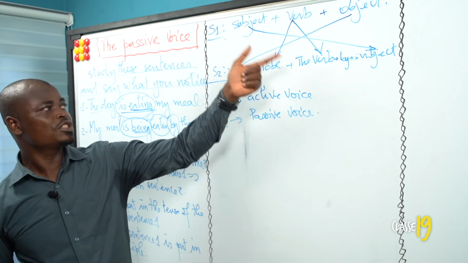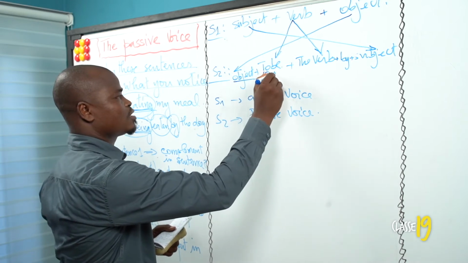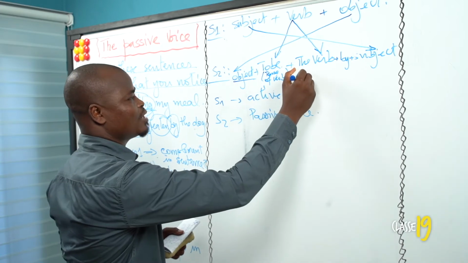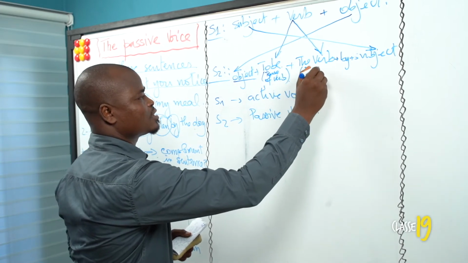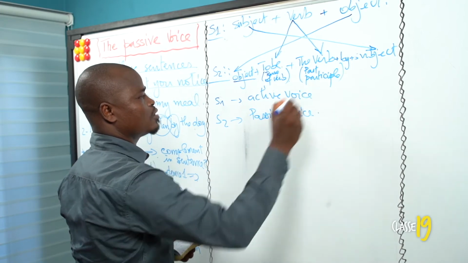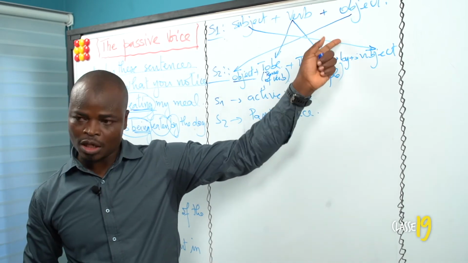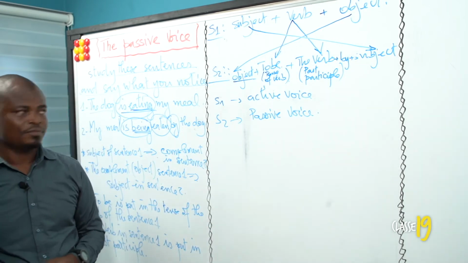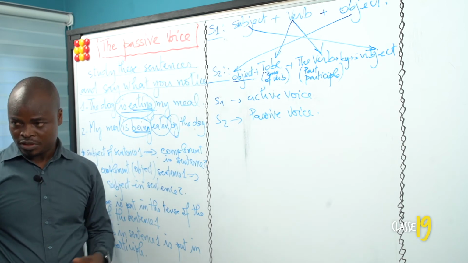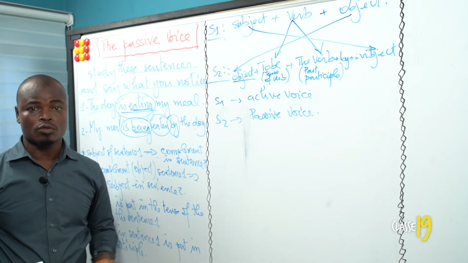To be is put in the tense of the verb, and the verb in past participle, which is followed by the subject of sentence 1. Here is the general rule. It is the general rule because we have some particular rules.